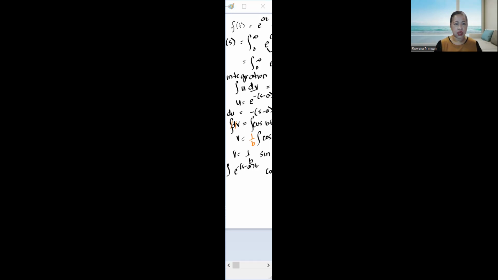I have 1 plus s minus a squared over b squared, then the integral of e to the negative (s minus a)t cosine of bt dt is equivalent now to s minus a over b squared.